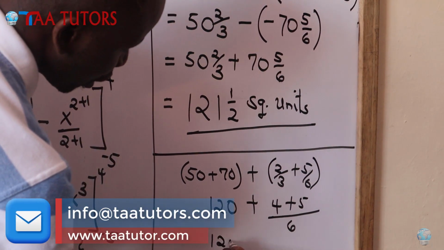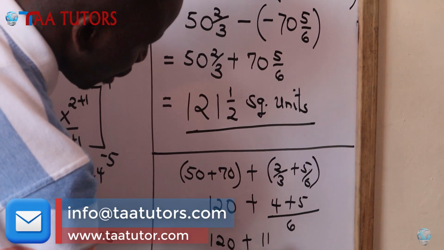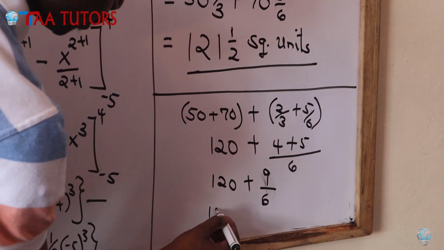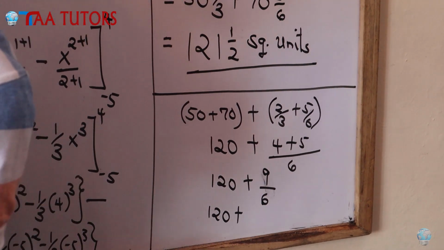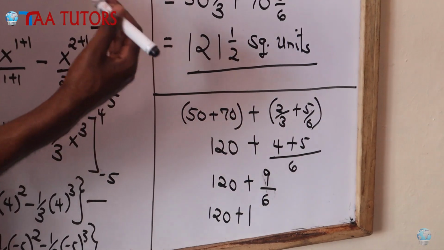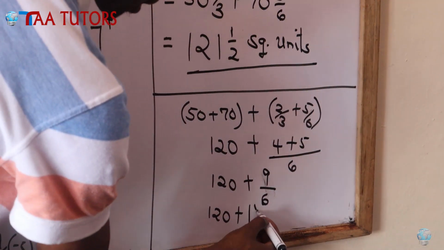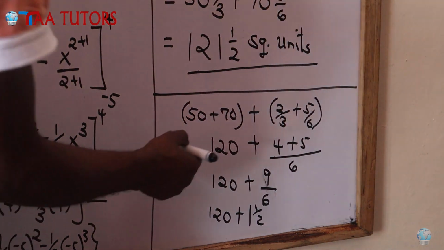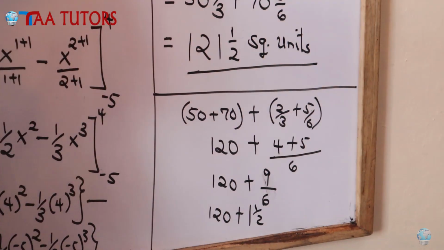So 120 plus 9 over 6 should be 1 and 3 over 6, which is the same as a half. So 120 plus 1.5 should give you 121 and a half.